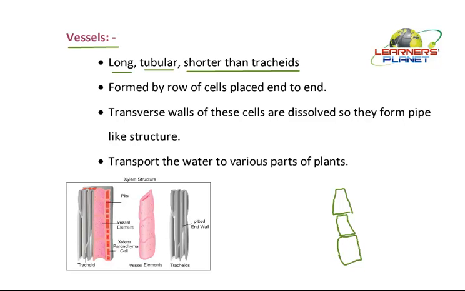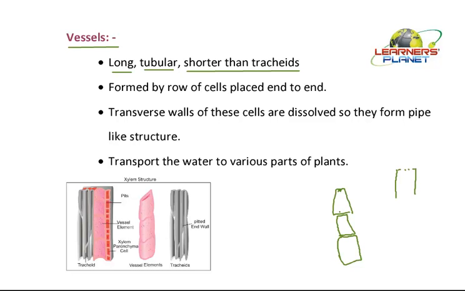The second important thing is that they are present in a row, in an end to end way. Besides this, when they are arranged end to end, the middle section or the transverse wall of these cells gets dissolved. So they form a hollow structure here.